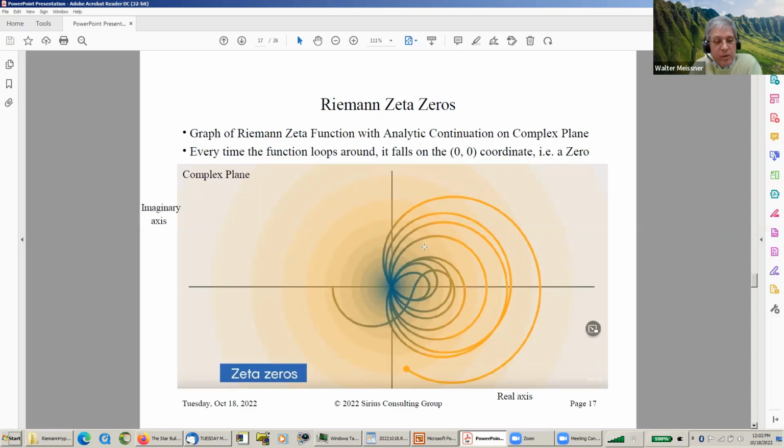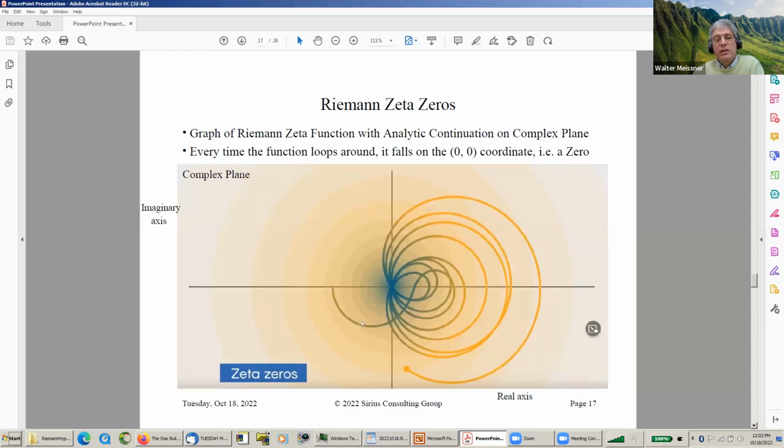Okay, so let's talk about graphing the output of the Riemann zeta function onto the complex plane that includes analytic continuation. With values of S, the function loops around and falls on the 0, 0 coordinate, making a zeta zero. If you see an animation of this, it's quite beautiful to observe.